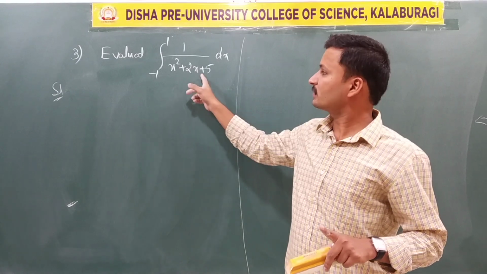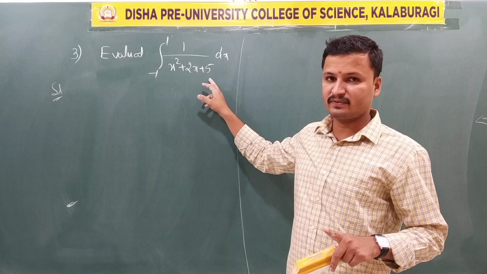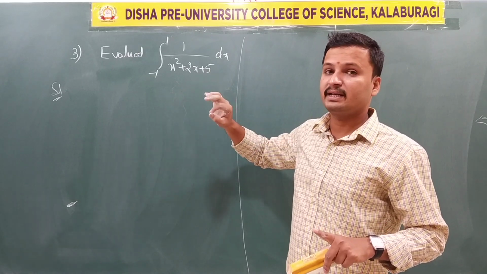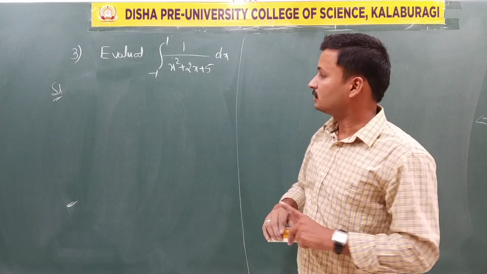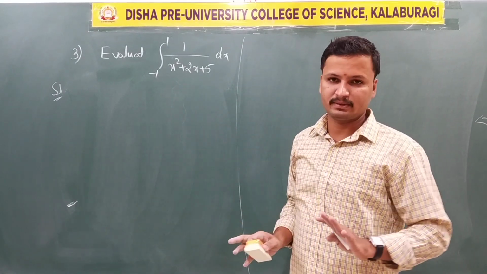Is it possible to write this as a perfect square, x square plus 2x plus 5? No. So we need to use the completing the square method, and make this into a perfect square and solve it.